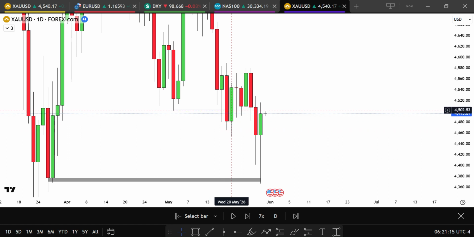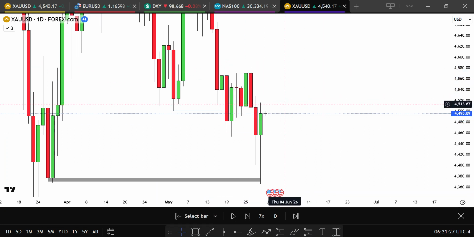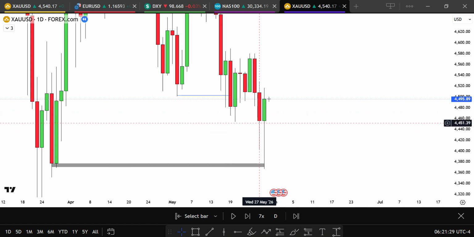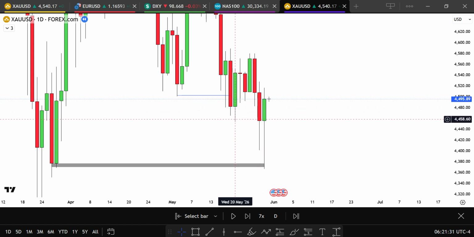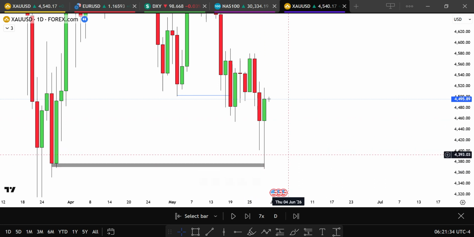Ignore this point, this is nothing. There's no candle closing above the previous candle low either. So for me, this candle is the range, right? And then after that, you can see this candle closed, but this candle didn't break and close below this candle low. And then this candle tried to break this low.